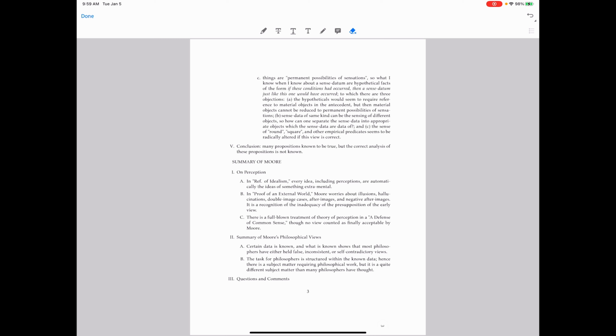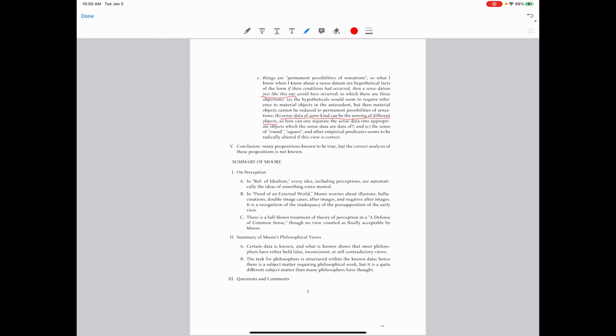Second problem: sense data of the same kind can be the sensing of different objects. Now, this one is serious because remember, the identity, the just like this one, is supposed to be a kind difference, not a numerical identity between one sense datum and another one, since that would always be false. Everything is itself and not another thing, Bishop Butler said. Nothing could be truer. Okay, so you need sense data of the same kind, and this is troubling. You can have duplicate sense data of different objects.